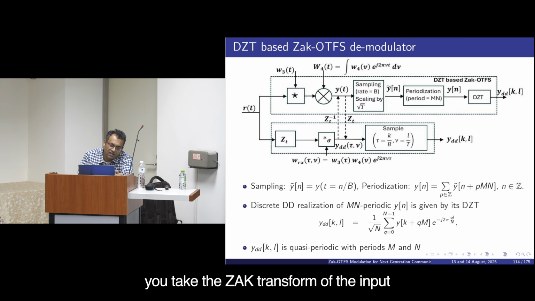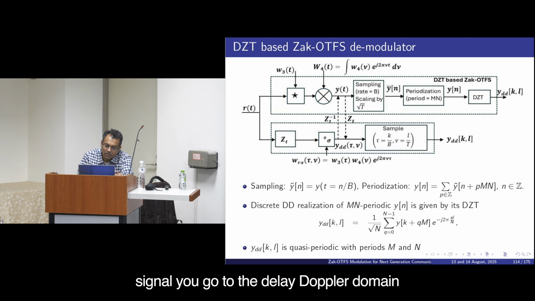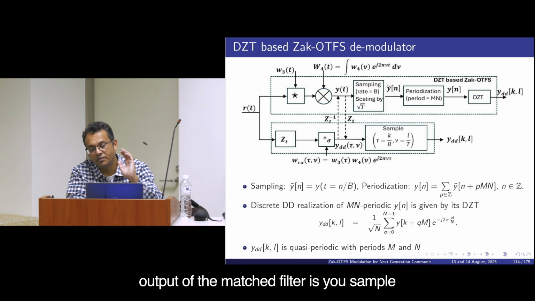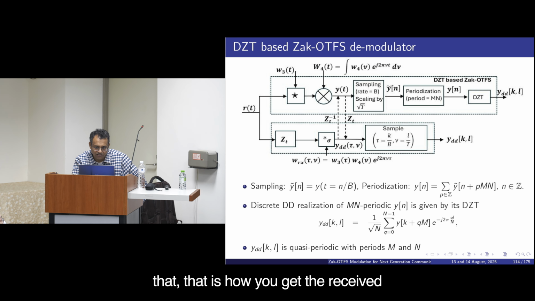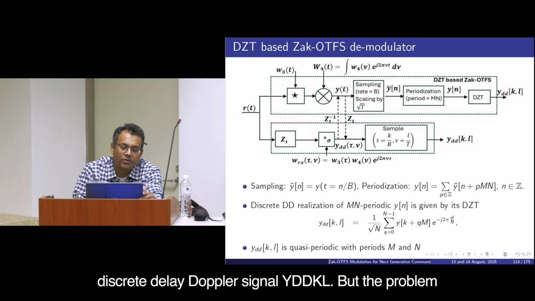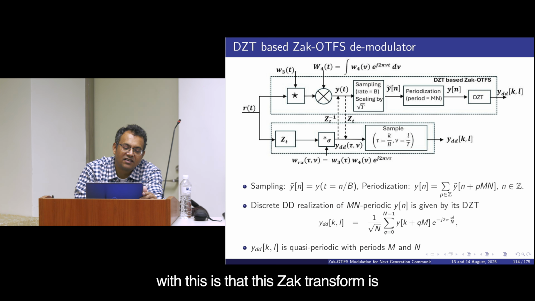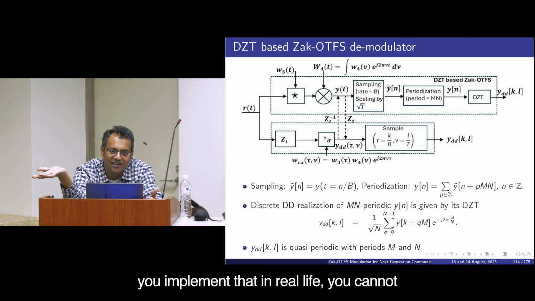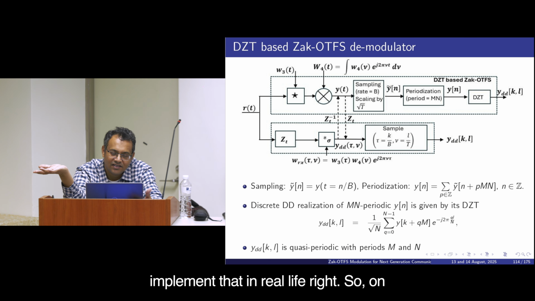You take the Zak transform of the input signal, you go to the delay Doppler domain, and then you do the matched filtering in the delay Doppler domain, and then you sample the output of the matched filter. That is how you get the received discrete delay Doppler signal Y_dd[k,l]. But the problem with this is that this Zak transform is a continuous delay Doppler Zak transform. How do you implement that in real life? You can't implement that in real life.